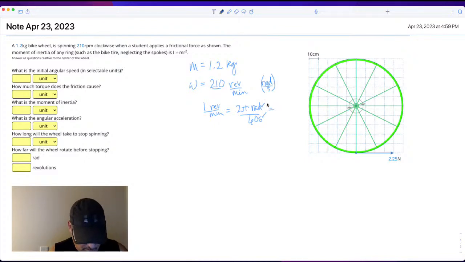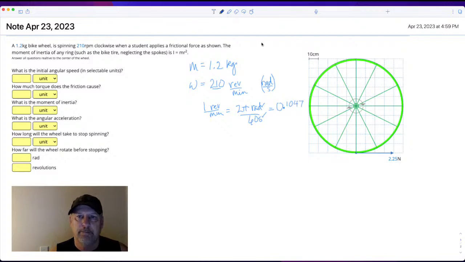And if I throw that in a calculator quick, 2 pi divided by 60 is equal to 0.1047. Okay, so this is our conversion factor.